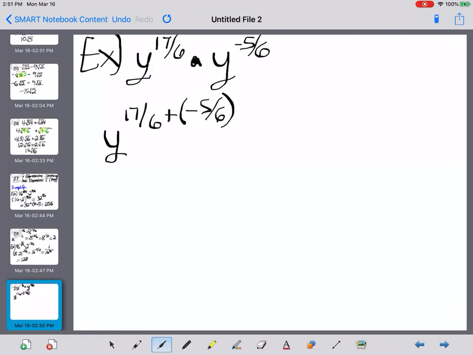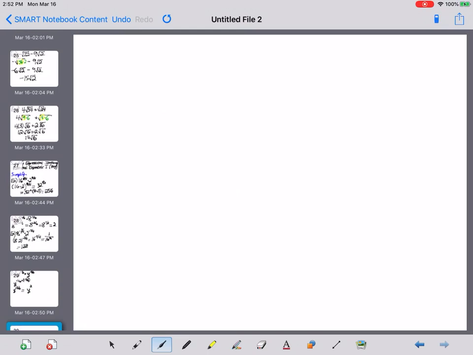I'm doing 17/6 minus 5/6, which is 12/6. So y to the 12/6. But we can simplify that. 12 divided by 6 is 2. So it's going to be y to the second power, or y squared. Okay, not bad at all, is it?